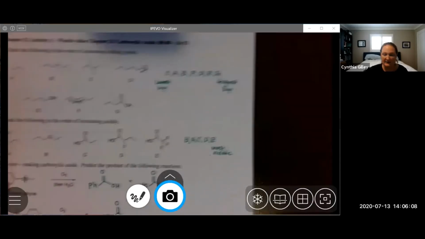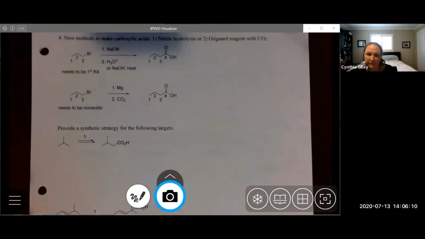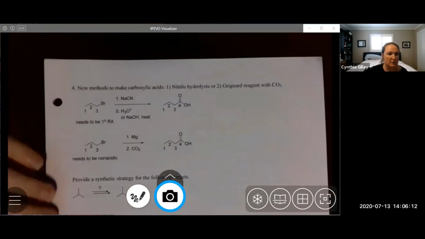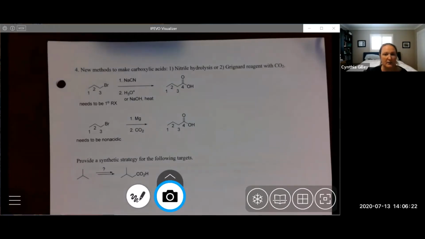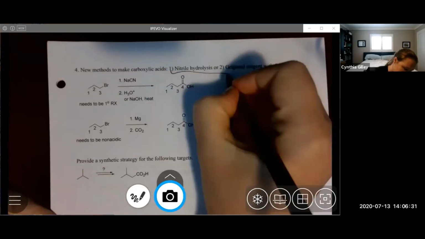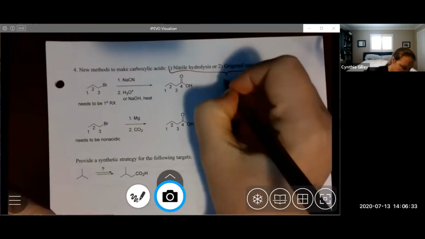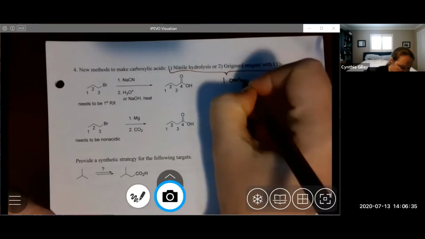And then on the next page, we have new methods to make carboxylic acids. And these are nitrile hydrolysis and forming a Grignard reagent and reacting it with carbon dioxide. Both of these, sometimes they're called one carbon homologation reactions.